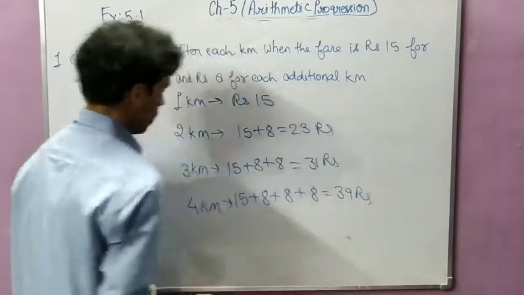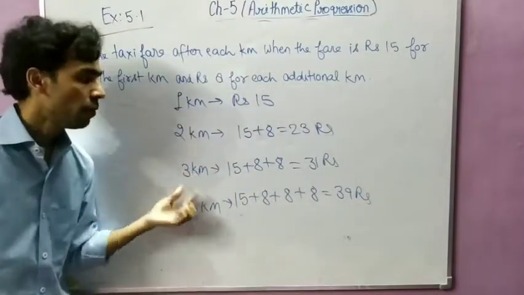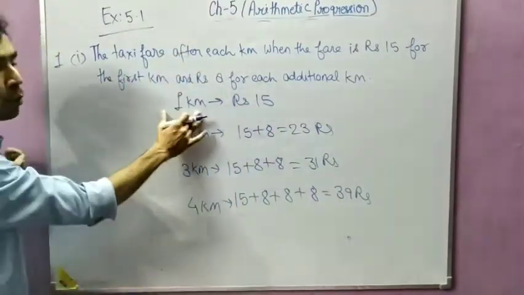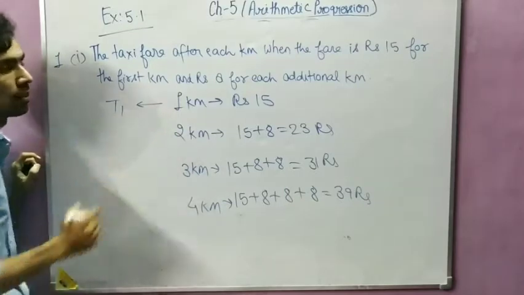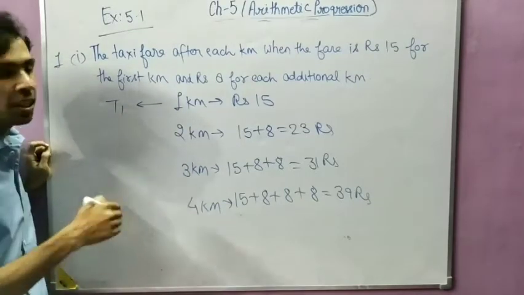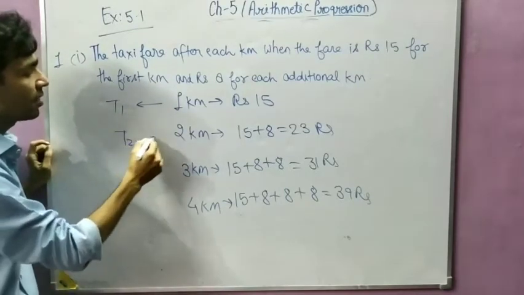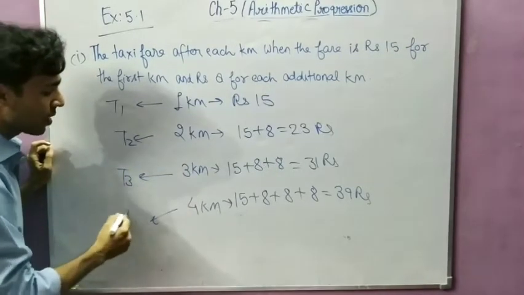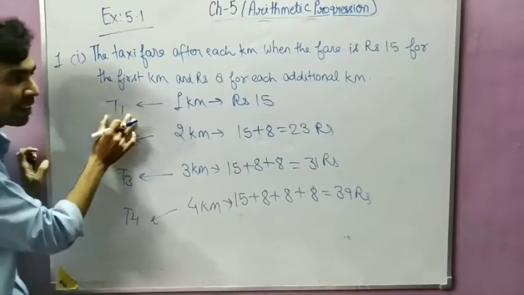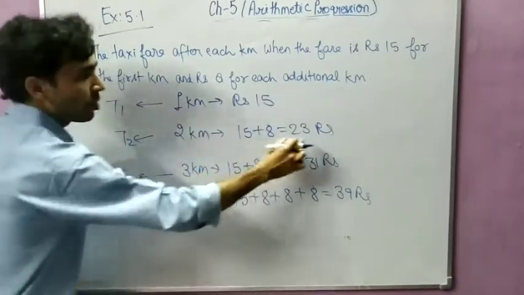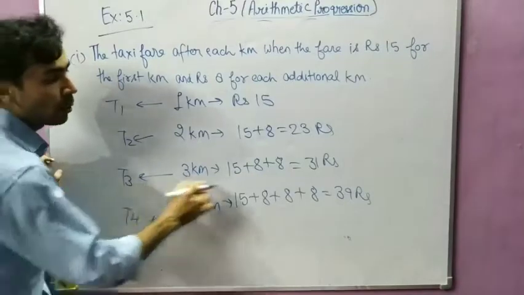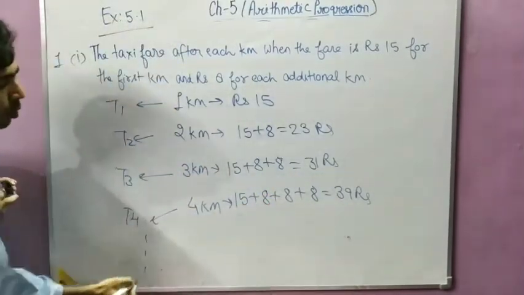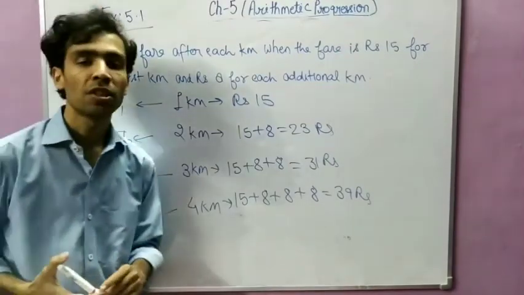Now first, second, third, fourth: 15, 23, 31, 39. So the first kilometer you can assume as T1, the second kilometer as T2, the third as T3, and the fourth as T4. Now the first term is 15, the second term is 23, the third term is 31, and the fourth term is 39, and so on, because we don't know how much distance it should cover.